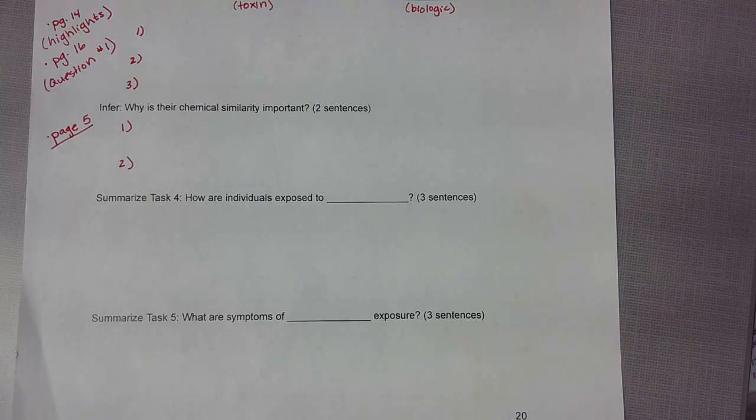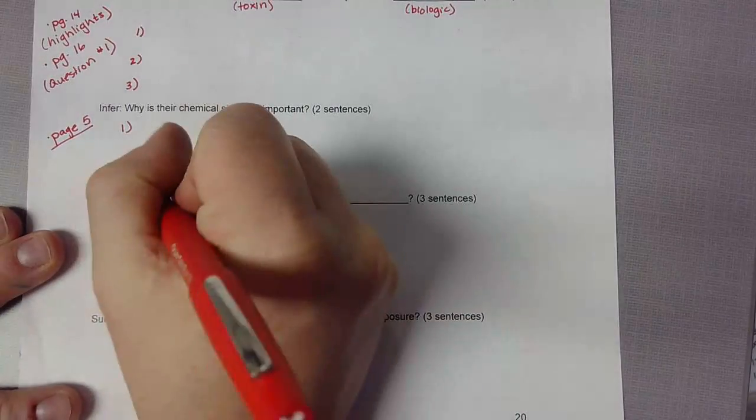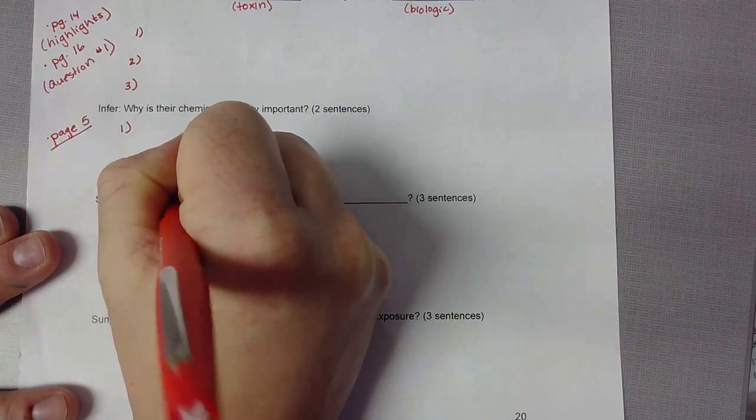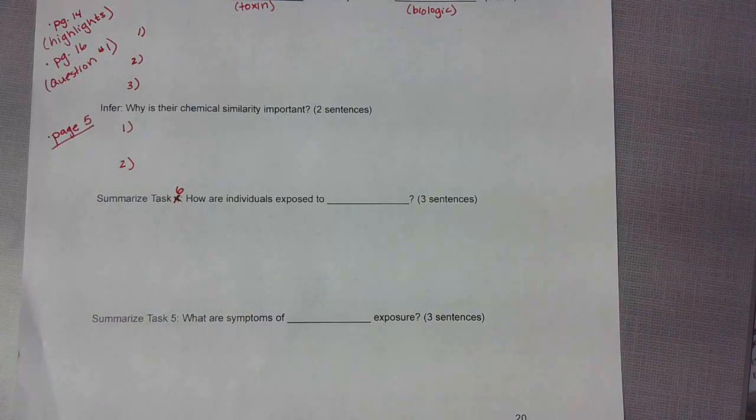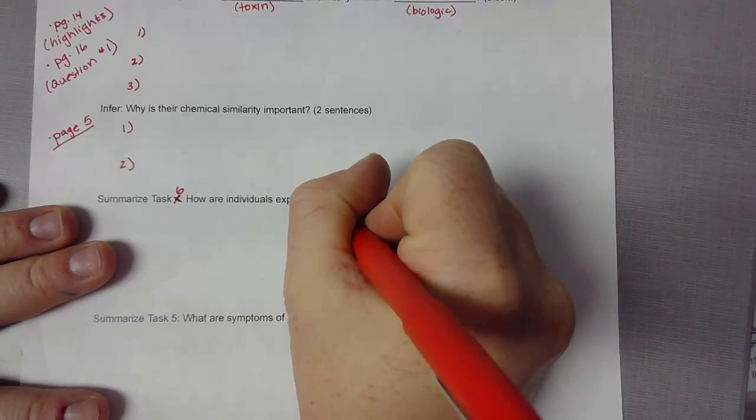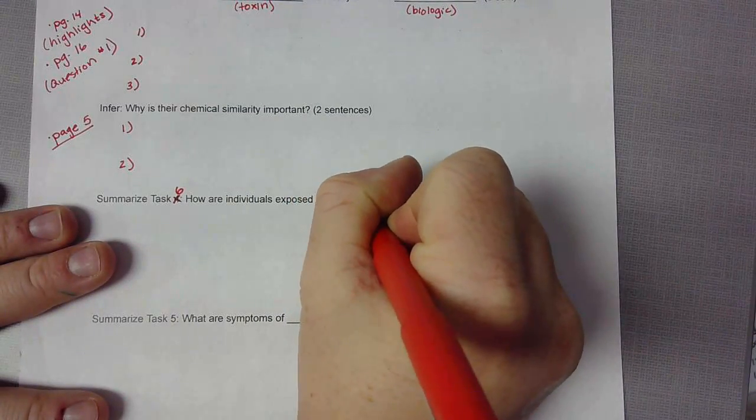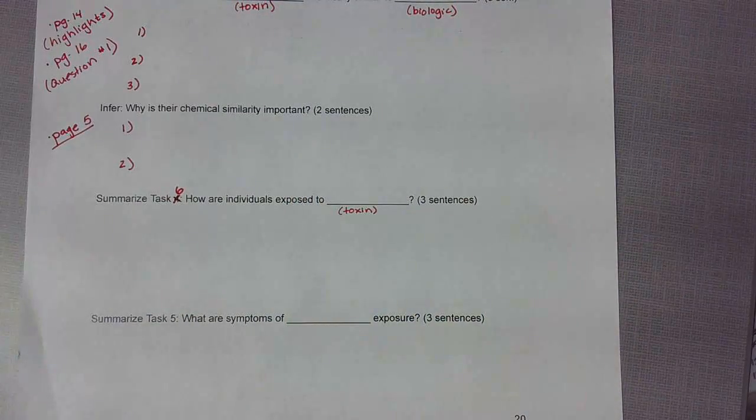Now, sorry about this, guys. A lot of our page numbers have been reordered. So, summarizing task 6. How are individuals exposed to blank? Well, again, this would be your toxin. And on task 6, we've got notes on page 15.